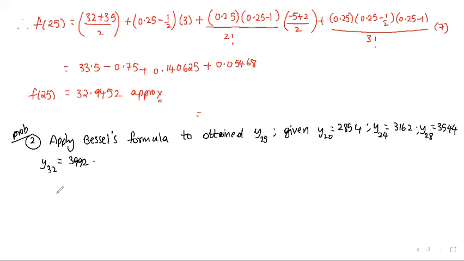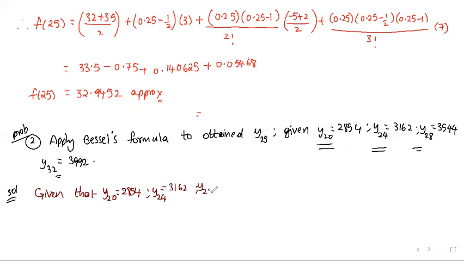So here we observe how many arguments are there? 1, 2, 3, 4. Since 4 arguments are given, we take x naught as the origin, the second one, that is y24. So solution, given that y20 is equal to 2854, y24 is equal to 3162, y28 is equal to 3544, y32 is equal to 3992.